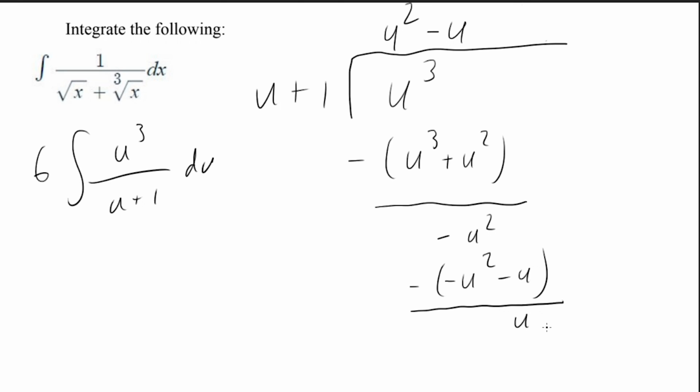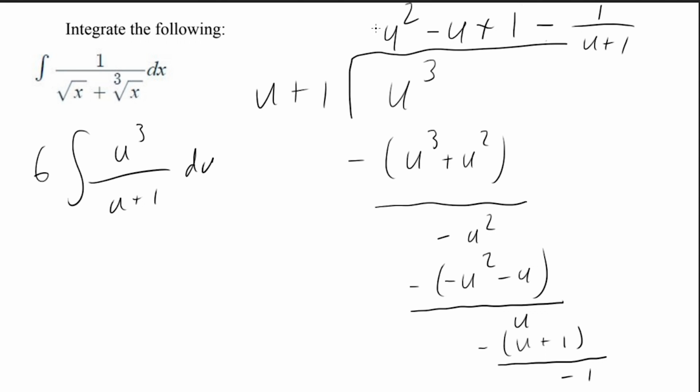So how many times does this go into u? Just once. So we will add a 1 here, multiply through, and subtract. And then we are left with a negative 1 as our remainder. And so then we get this expression up here, minus 1 over u plus 1, which is our remainder.